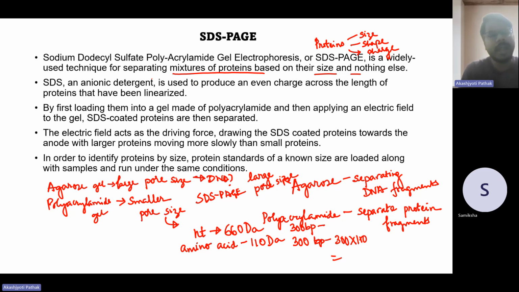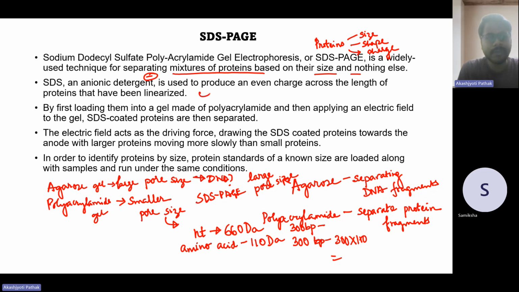So what is SDS? It is an anionic detergent, and an anionic detergent means it will have a negative charge because of the sulfate group. This negative charge is used to produce an even charge across the length of the protein that has been linearized. Your protein is folded, right?